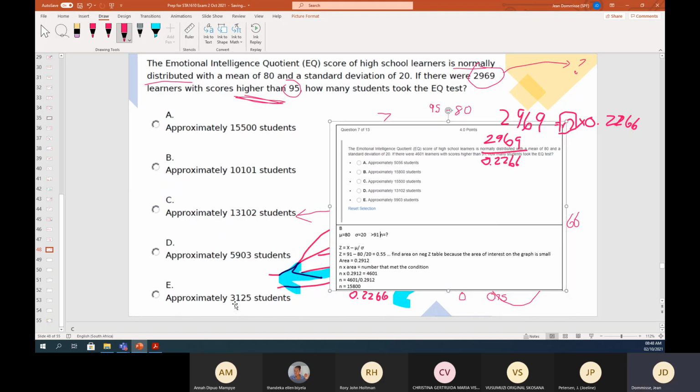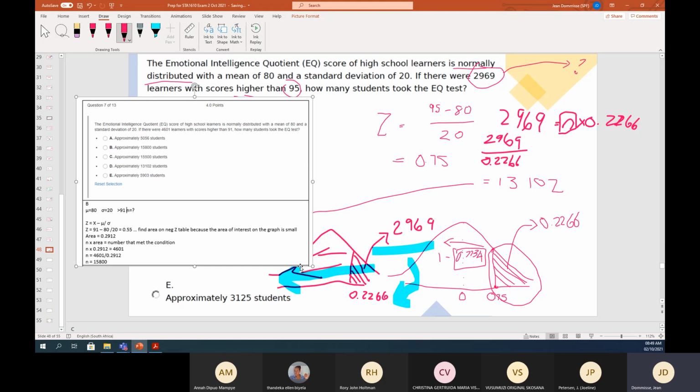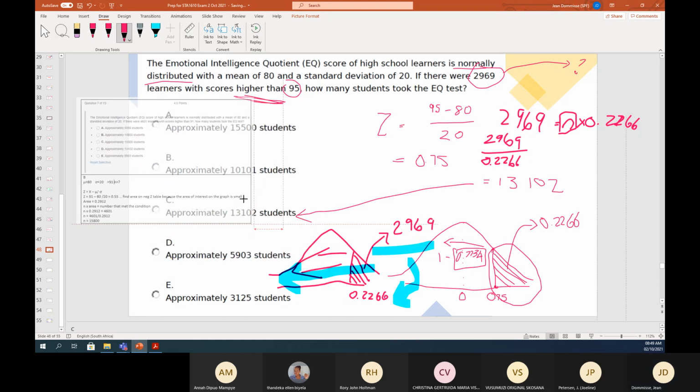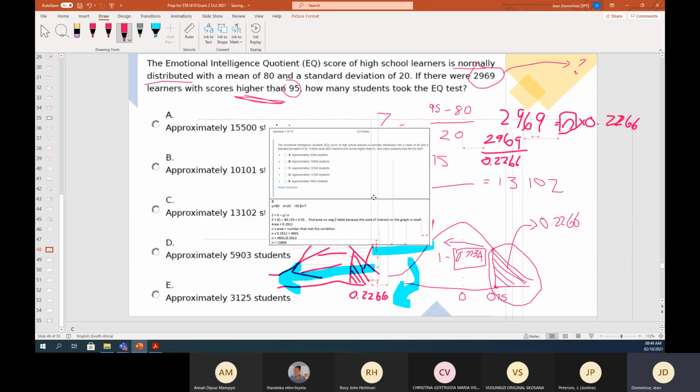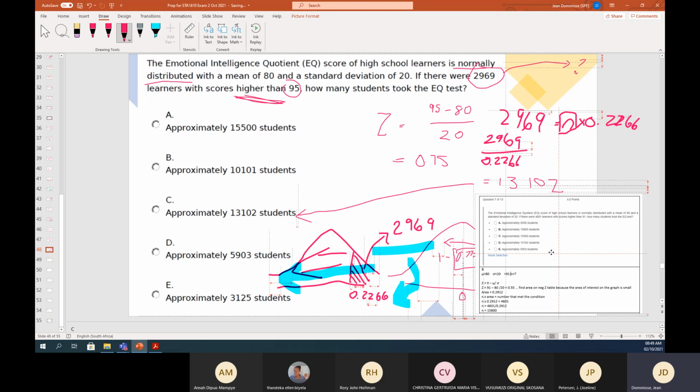Some of the answers also changed, and the answer option also changed. So I think with this, we also now get a very good idea of the exam.